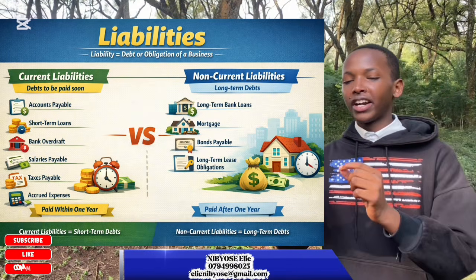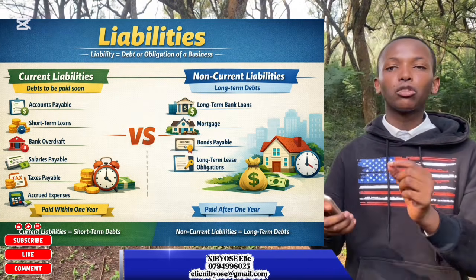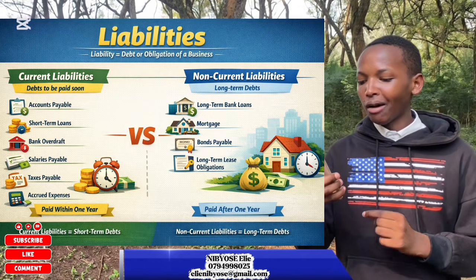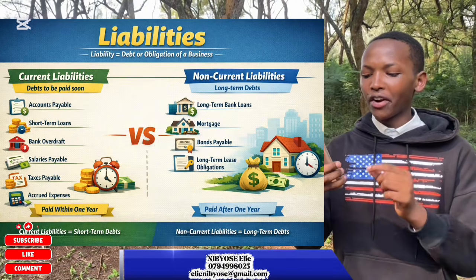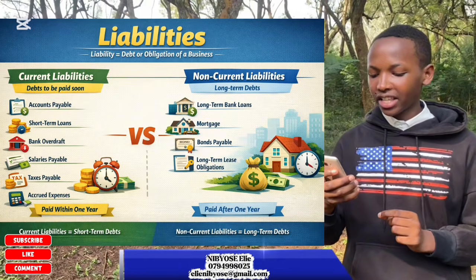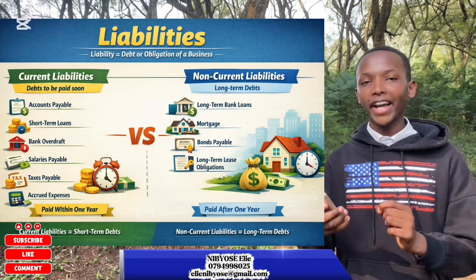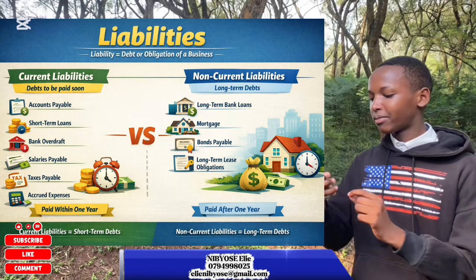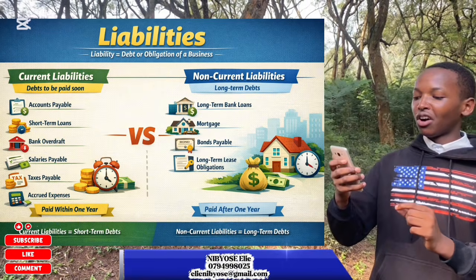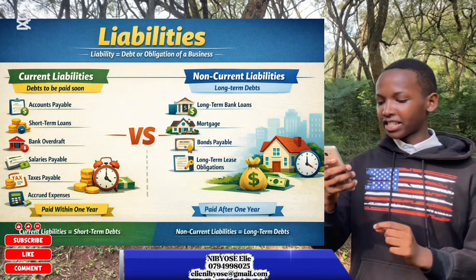And non-current liabilities, these are liabilities that will be paid after or more than 1 year. Examples of non-current liabilities are long-term bank loans, mortgage, bonds payable, long-term lease obligations, and others.